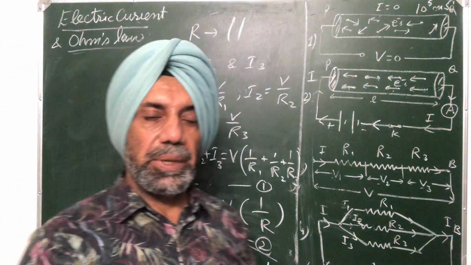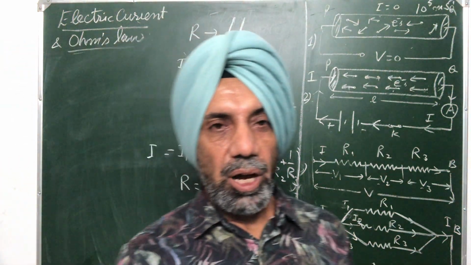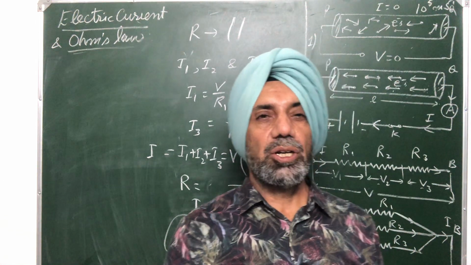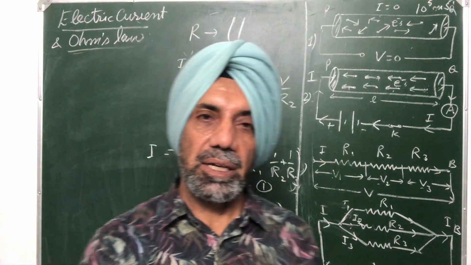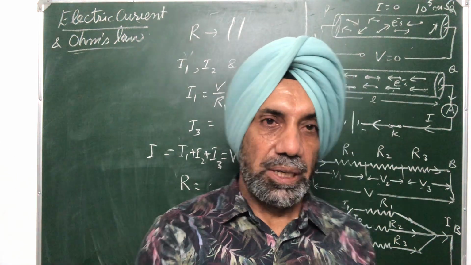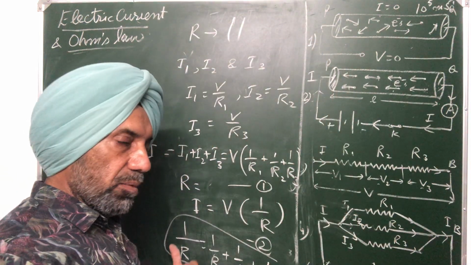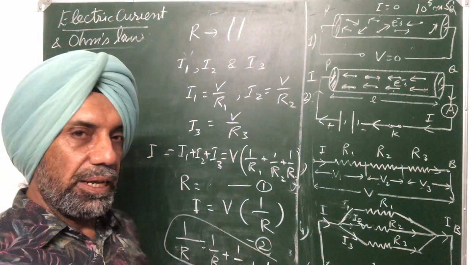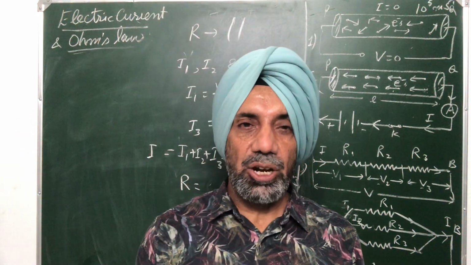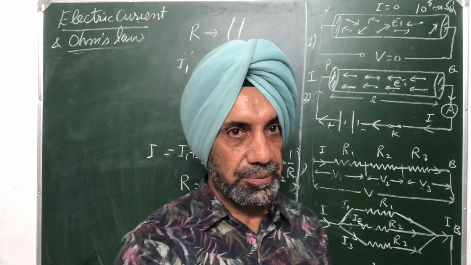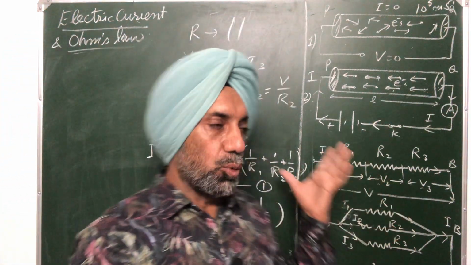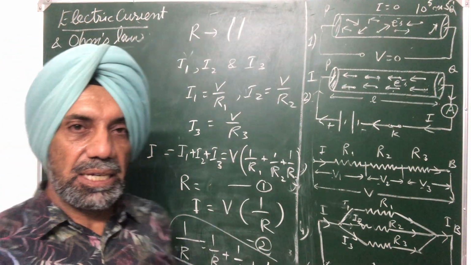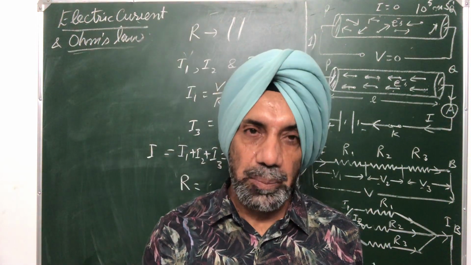So in parallel combination, the reciprocal of the equivalent resistance is equal to the sum of the reciprocals of the individual resistances. So in parallel combination, the equivalent resistance will be less than the smallest of the individual resistances. So this is all about electric current, Ohm's law, resistance and the factors upon which resistance depends.